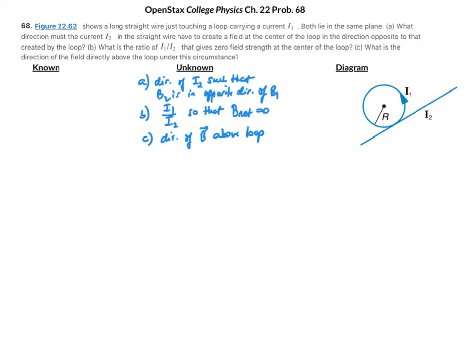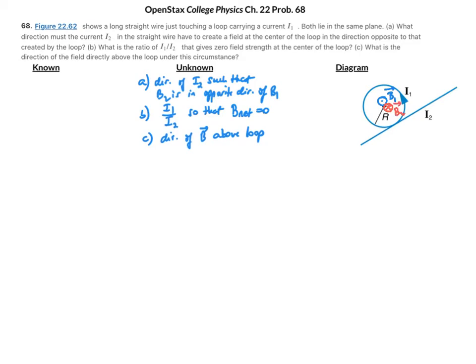So when we do that, our fingers are going to stick out in the loop here. So the direction of the magnetic field 1 is out of the loop. That means that we want the direction of magnetic field 2 to be into the loop.